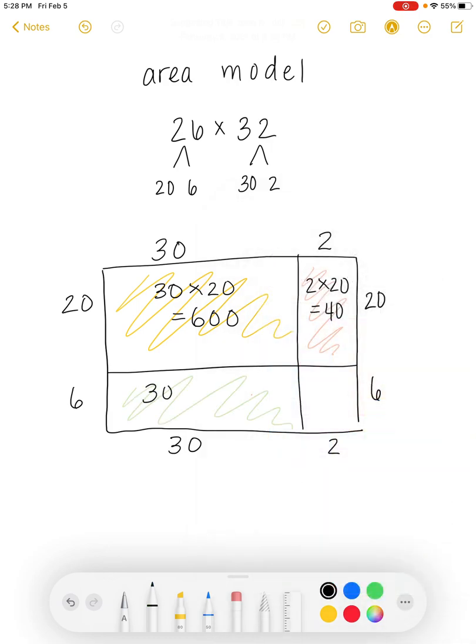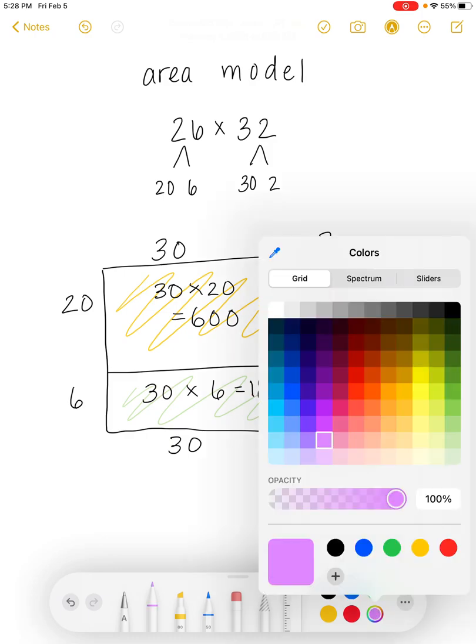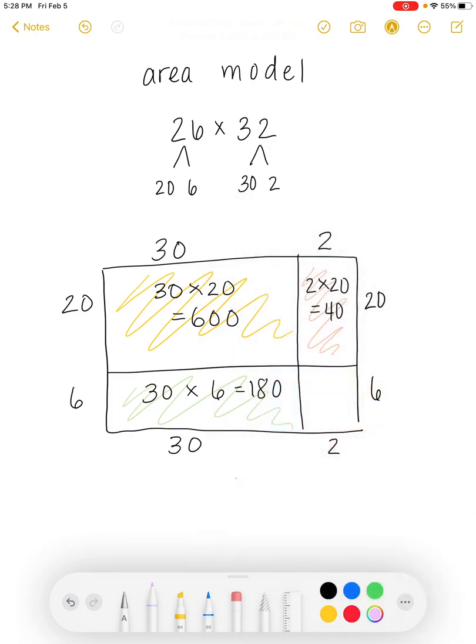We have 30 times 6. Well, 6 times 3 is 18. Add my 0. That'll give me 180. And finally, the smallest one here in the corner are ones. 6 times 2 equals 12.